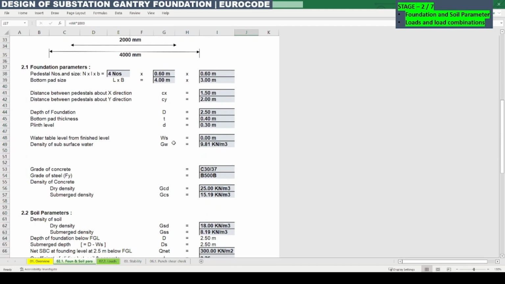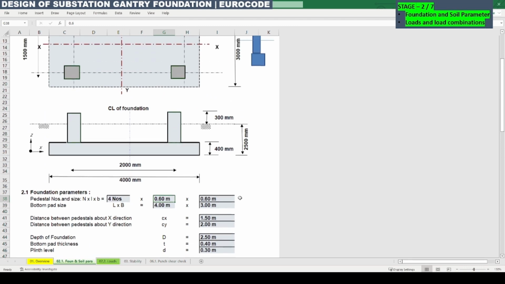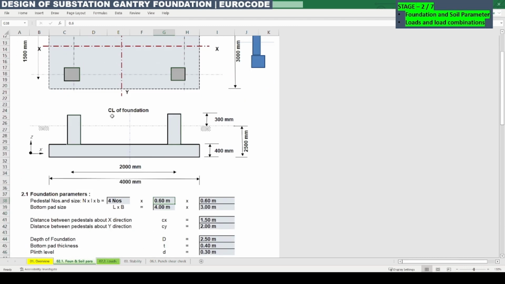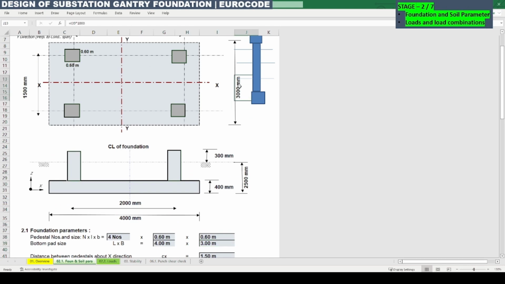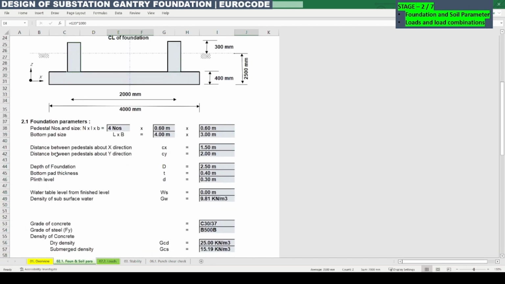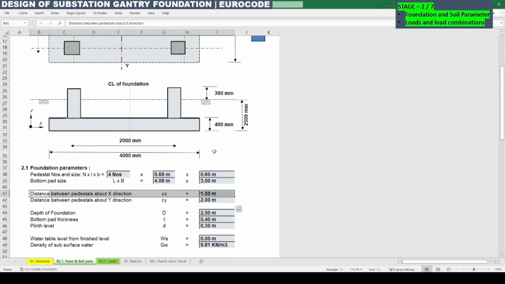So these are the input foundation sizes. The number of pedestals is 4 and the sizes are 600 mm, which we had seen in the plan view. Bottom pad size is 4 meter by 3 meter. Distance between pedestals in the x direction is 1.5 meter.